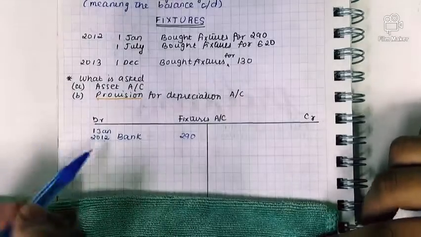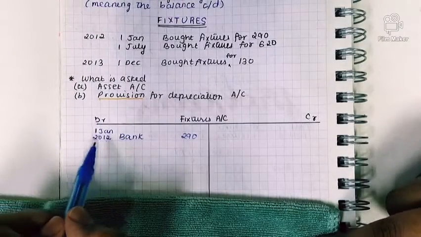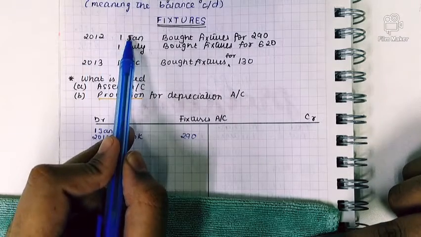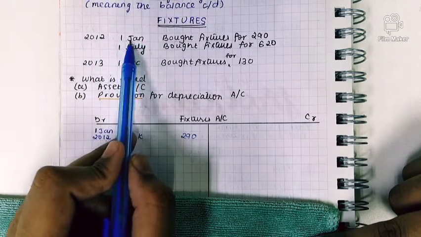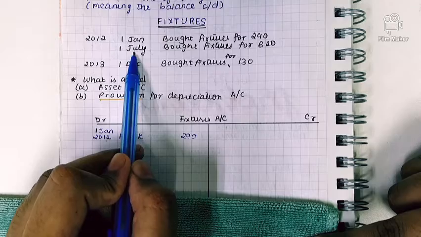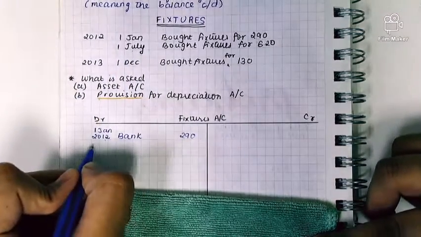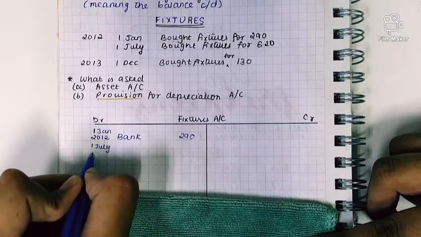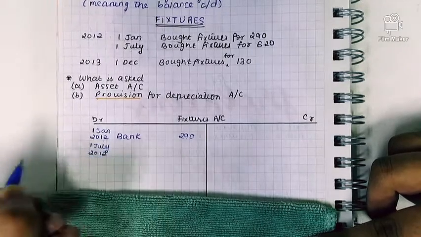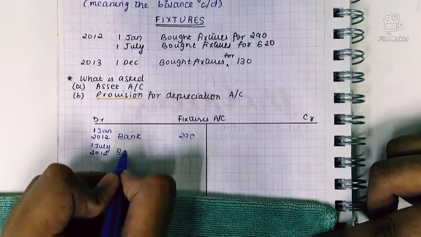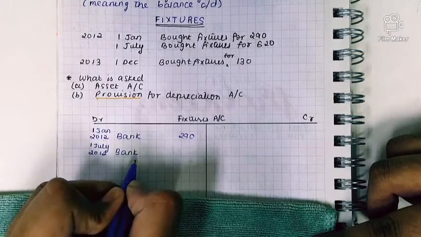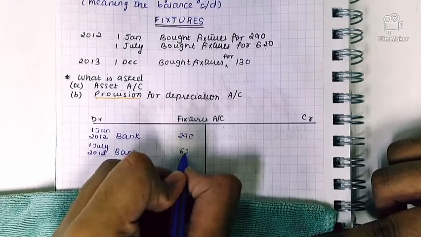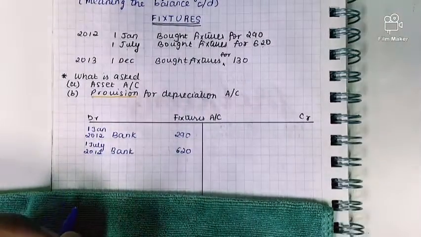Now we are going to check in 2012 were there any other purchases. So in 2012 there were 2 purchases. We noted this one down, now we have to do this one as well. So we write 1st July 2012 bank, and simply just write this amount down, 620.